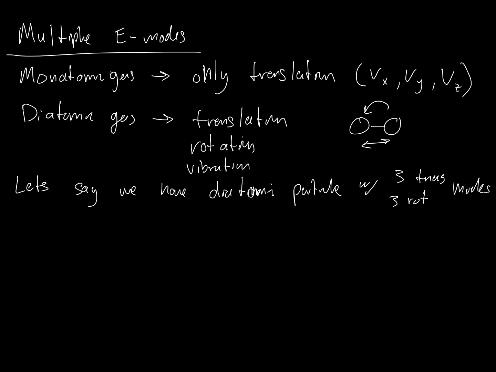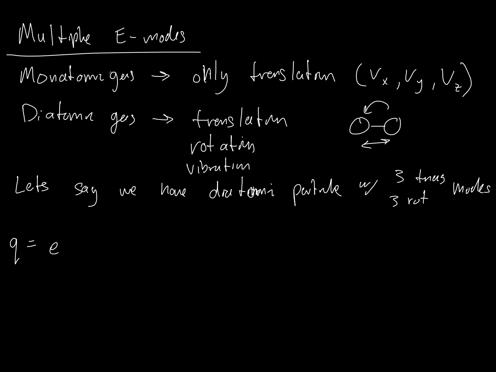So if we are to write out the partition function, what we have to do is add up all of the states. So if I have 3 translational modes and 3 rotational modes, how many total possible configurations do I have for the system? 9, right? So we have 9 individual modes. So if I were to write out my partition function for the single particle, Q, I have to add up all of the scaled energy states.